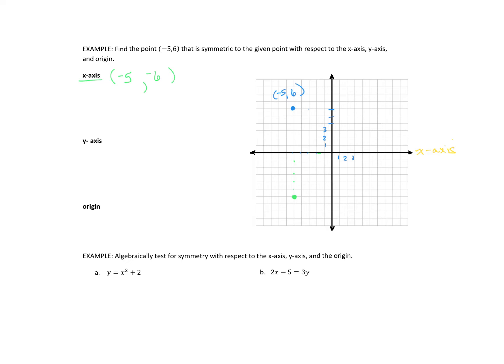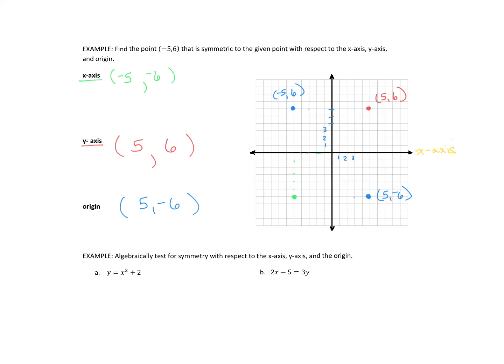If I want this ordered pair to have y-axis symmetry, then I can replace x with a negative x and get (5, 6). And lastly, if I want to have origin symmetry, I want to rotate 180 degrees, or I can replace x and y with their opposites, (5, -6), and that's going to put me right here for origin symmetry.